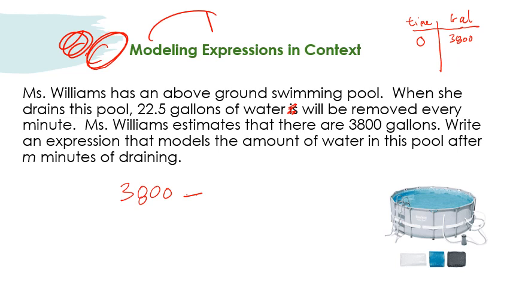Let's say after 10 minutes, we're going to remove 225 gallons, because each minute we're getting rid of 22.5, so in 10 minutes we'll have a total of 225 gallons gone.